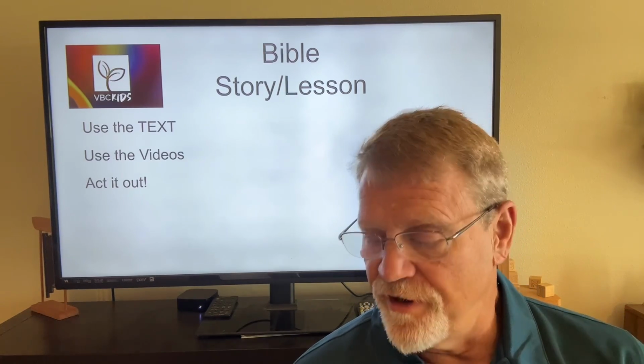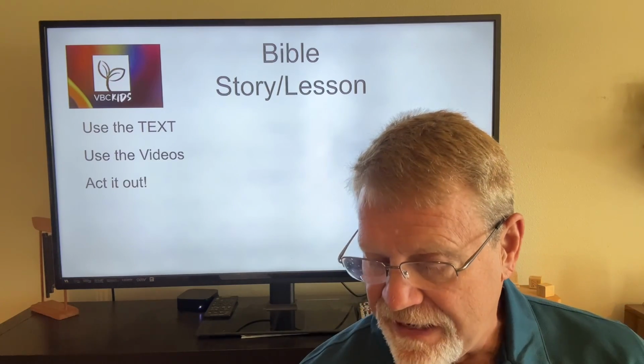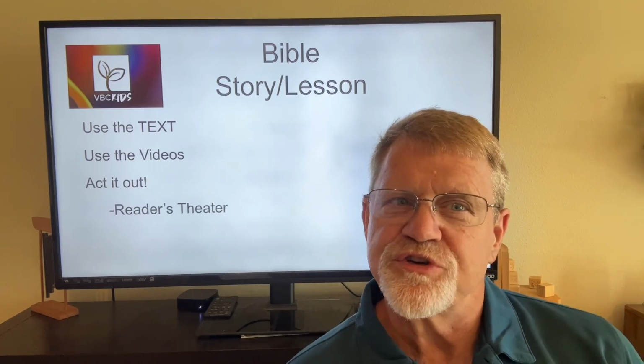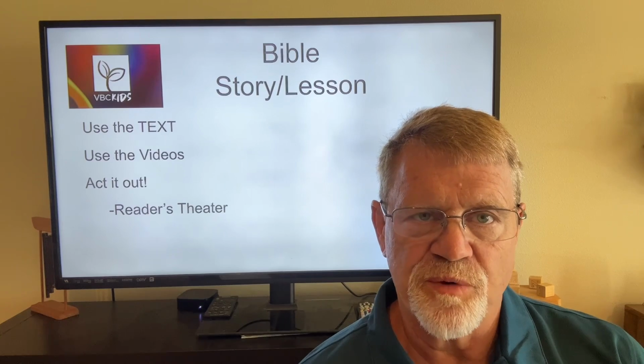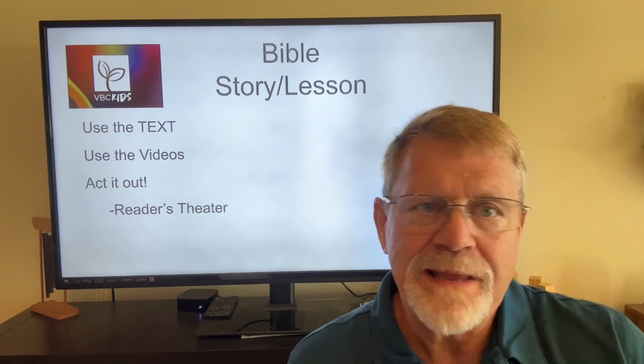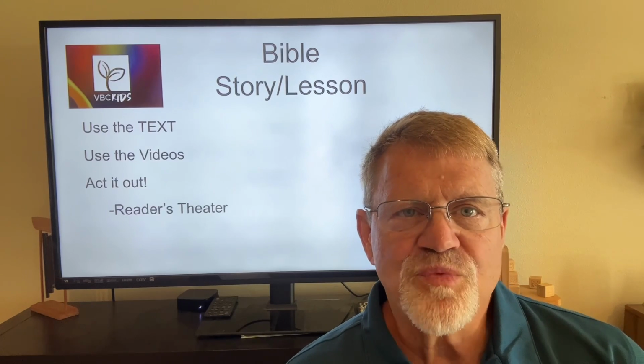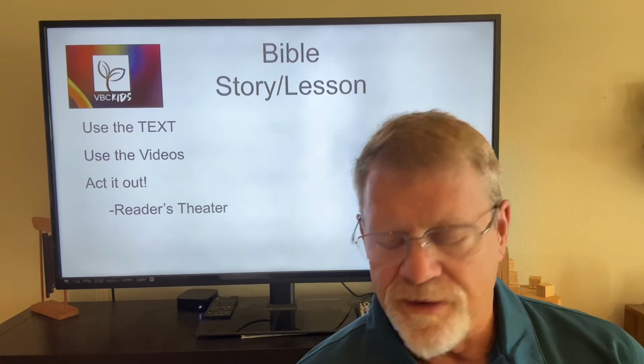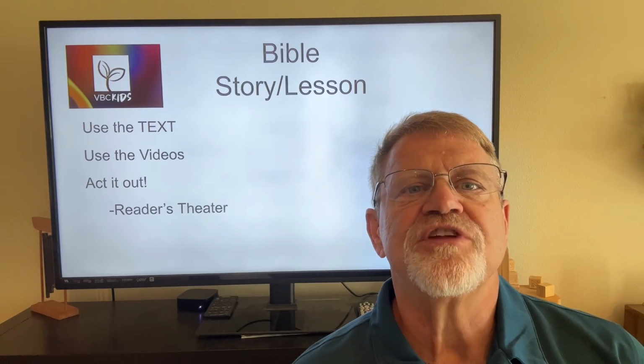And that's a lot of fun. We call that acting it out. We might call that a reader's theater, where there's somebody reading from the Bible, and then there's people acting it out or pantomiming it out. All those ways are fun for the kids, and they really find themselves engaged in it.